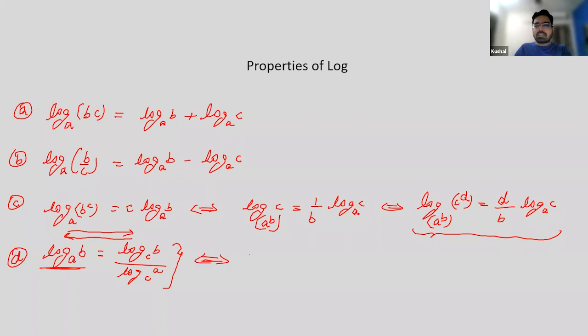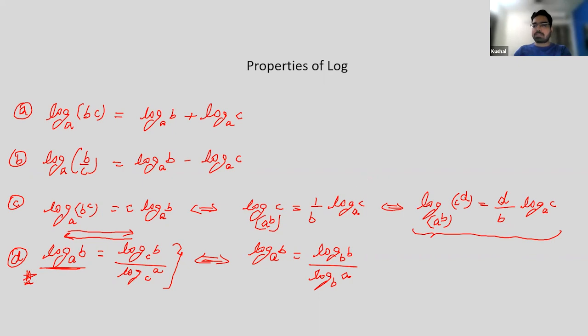With the help of this, they derive something. Say log of base a of b, and suppose I wish to come down to a position wherein I have the value of b in the base. If I have the value of b in the base, how can I rewrite this? Log of base b of b divided by log of base b of a, with the help of the same formula that I've written over here.